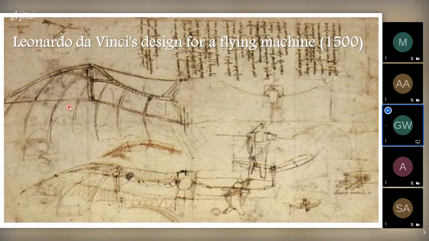We can see the level of bio-inspiration he had; this replicates a bat's wing. He was imagining a human-made machine which can fly. Human flight was not possible at that age, so this signifies the importance of biomimetics and its historical perspective.